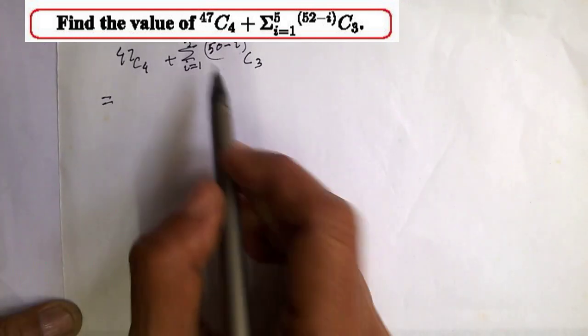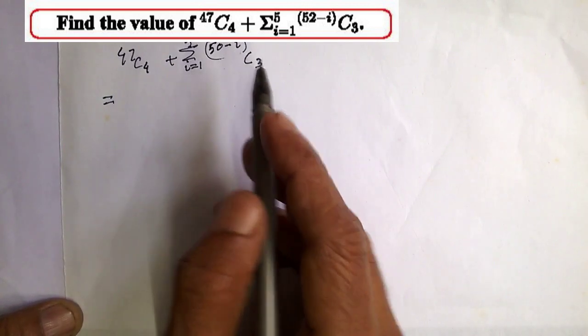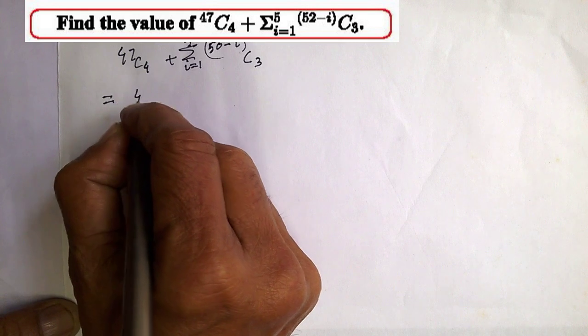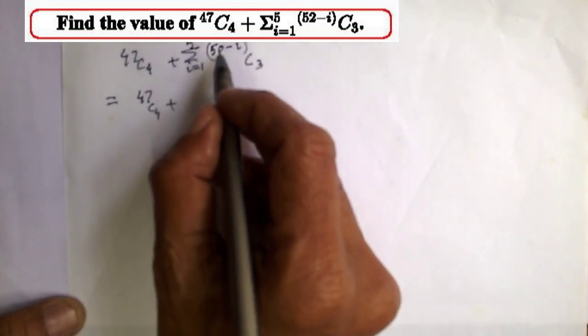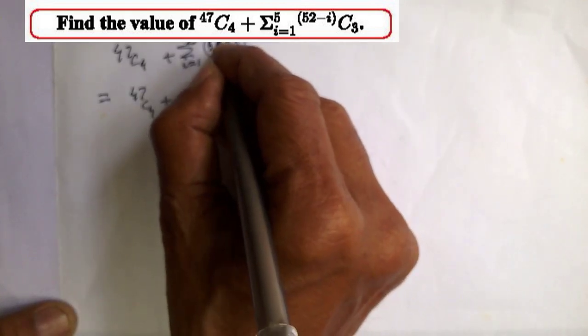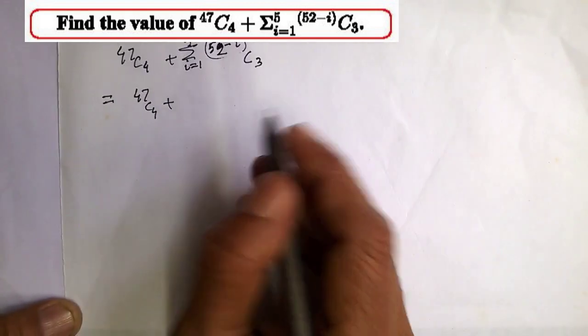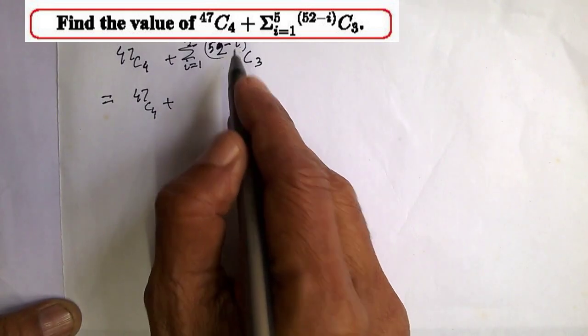To solve this, first expand this. Maybe it is better to understand. It will be 52 minus i. So, 52 minus 1.